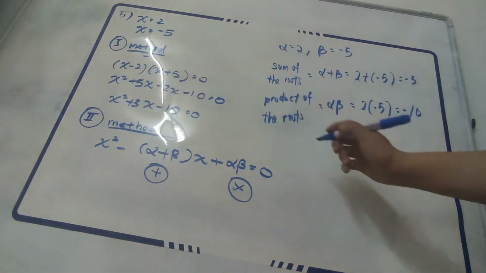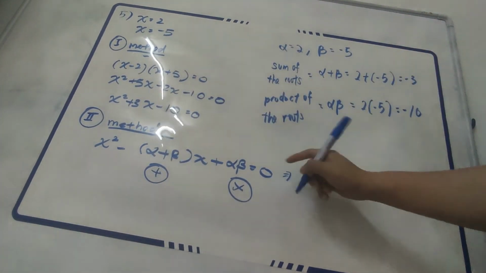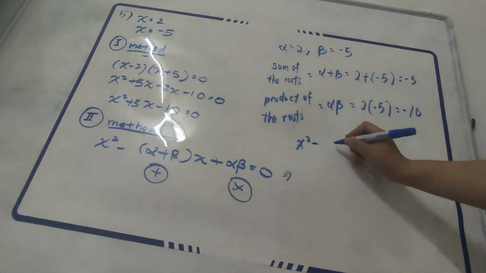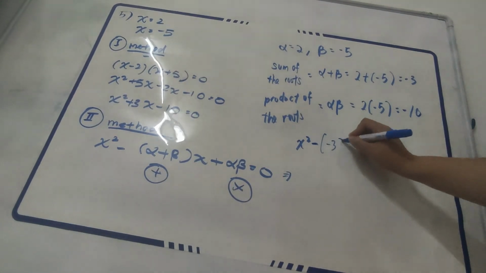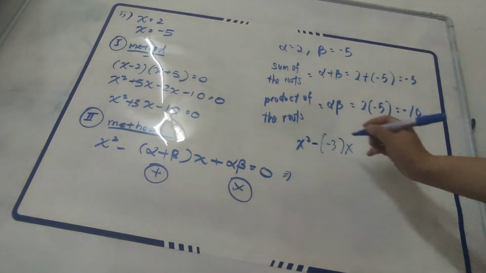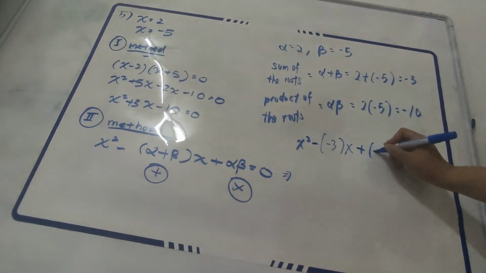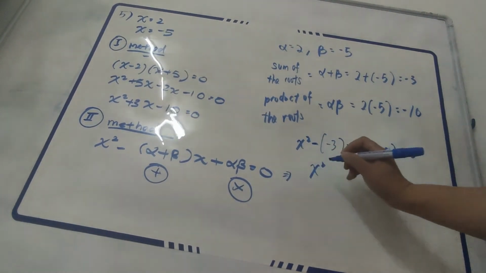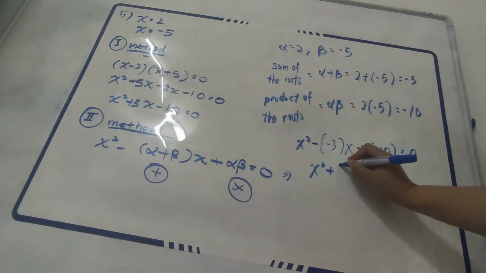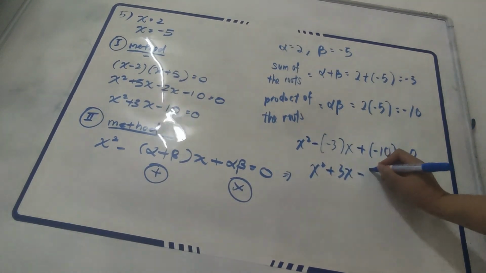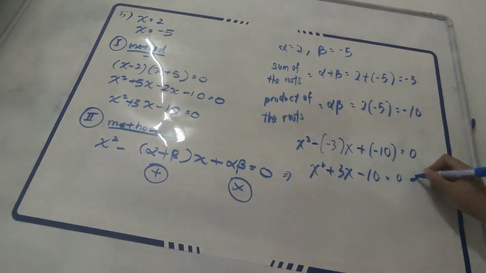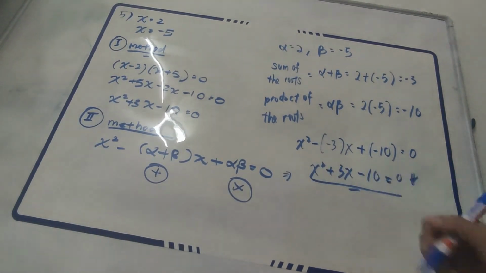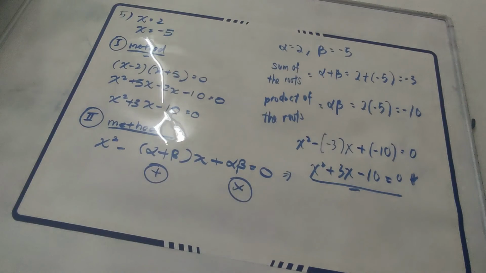So you substitute: x squared minus minus 3x plus minus 10 equals 0. Further simplify it: x squared plus 3x minus 10 equals 0. So this is how you solve question number 5.